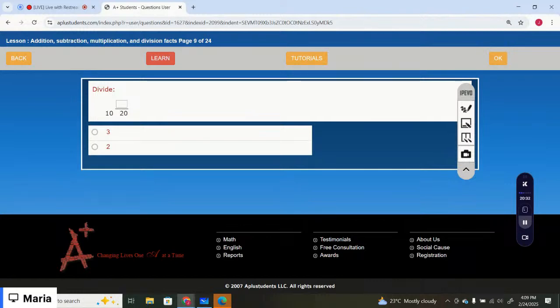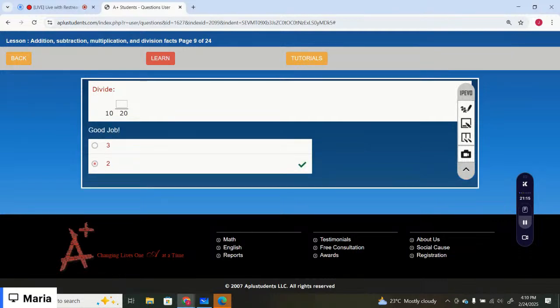20 divided by 10. 10 times what number is 20? 10 times 2 is 20.